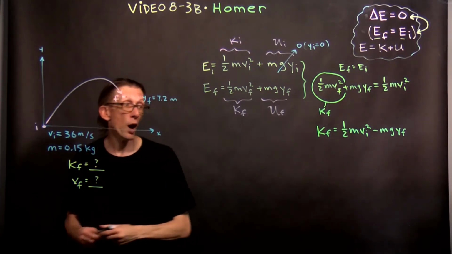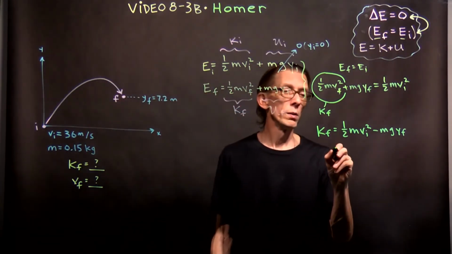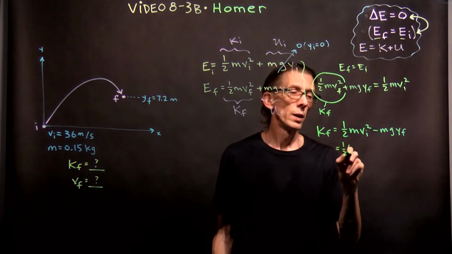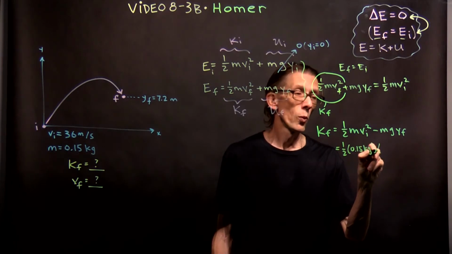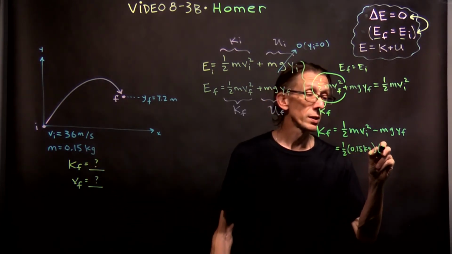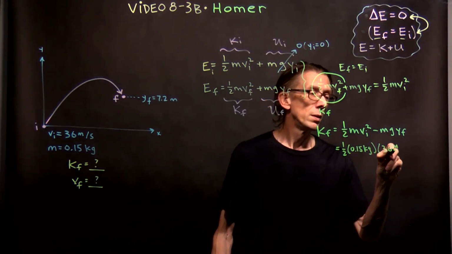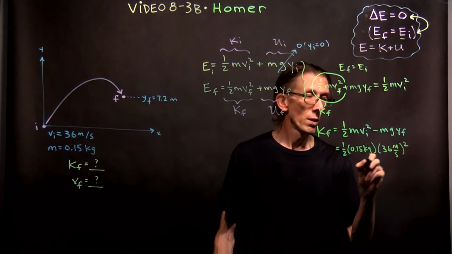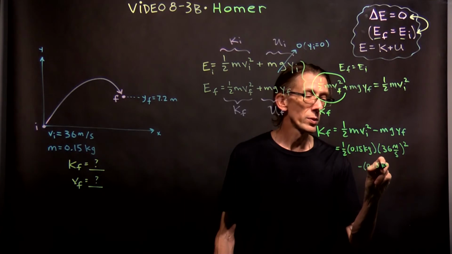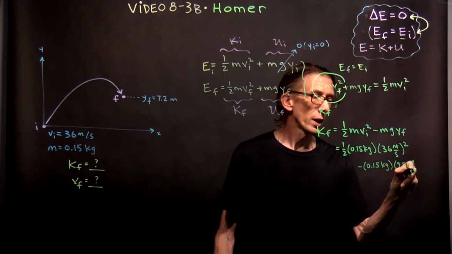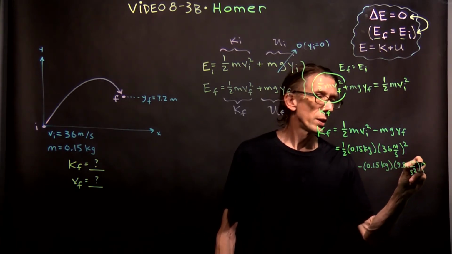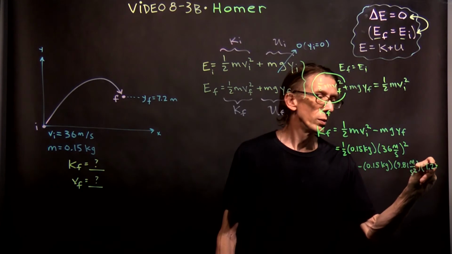Now it turns out that we know all these numbers, right? We know 1/2, we know 0.15 kilograms. We know the initial speed is 36 meters per second squared, minus, again, 0.15 kilograms times 9.81 meters per second squared times 7.2 meters.